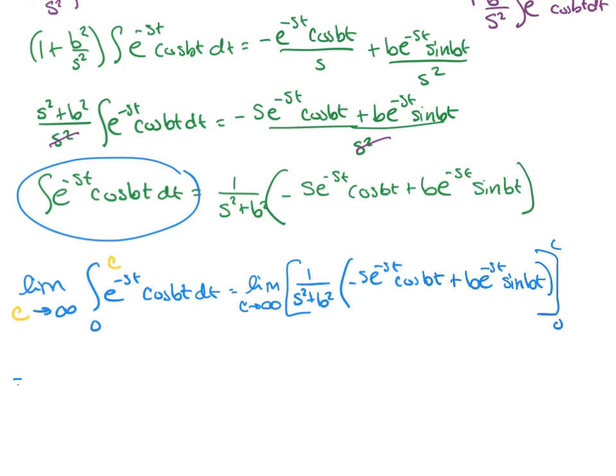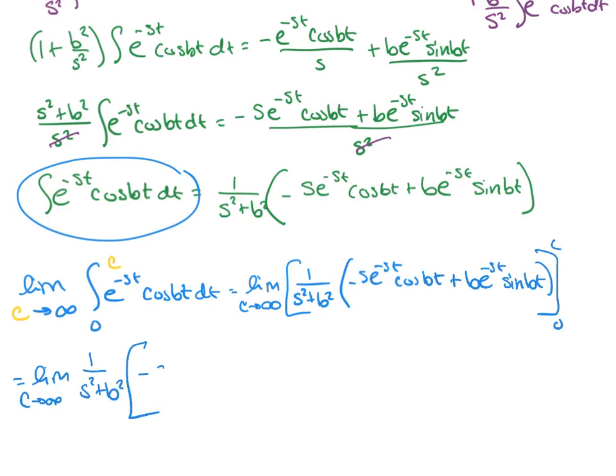Okay, let me write this in. Limit as c goes to infinity of 1 over s squared plus b squared times this. Okay, I'm going to put the e to the negative st's in denominators.